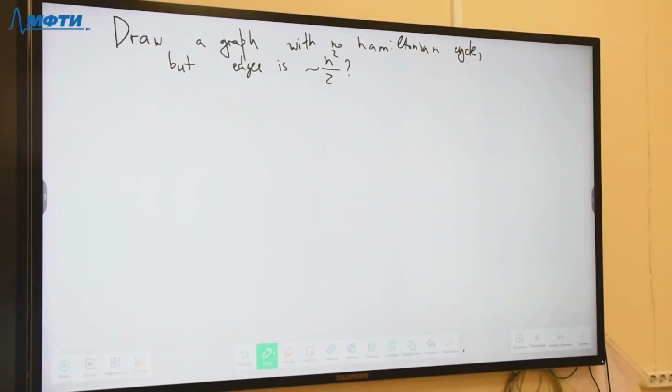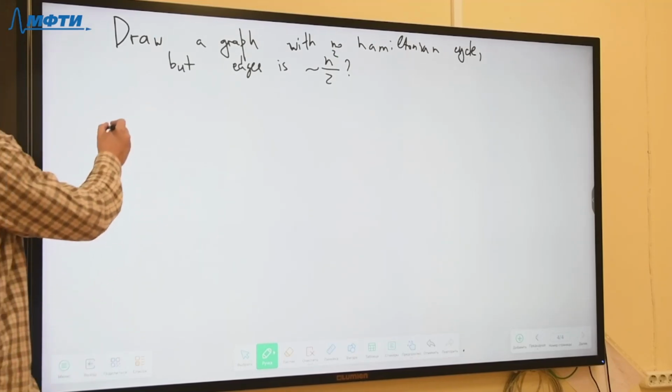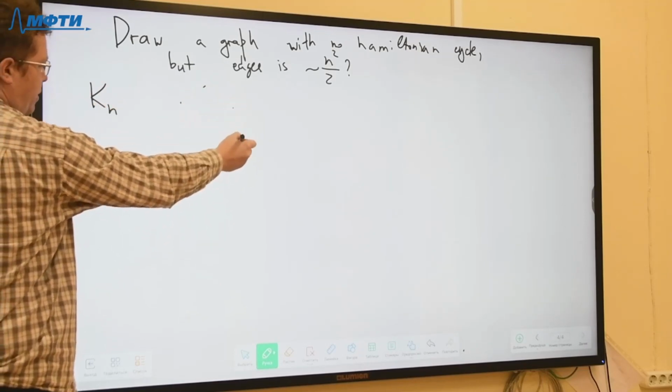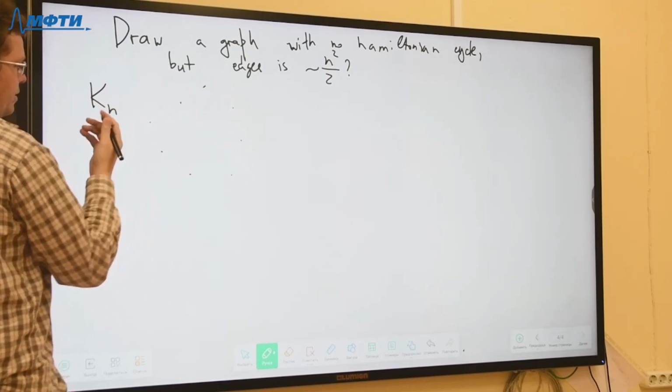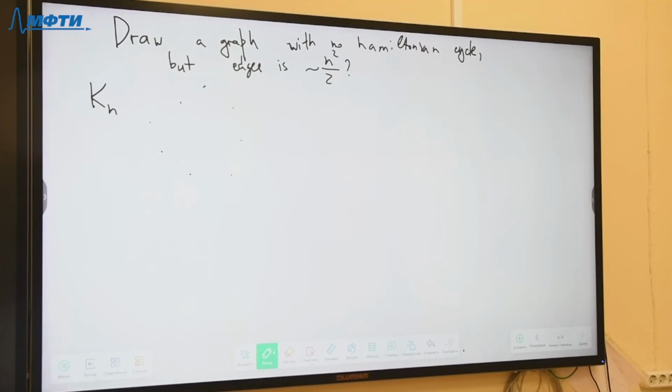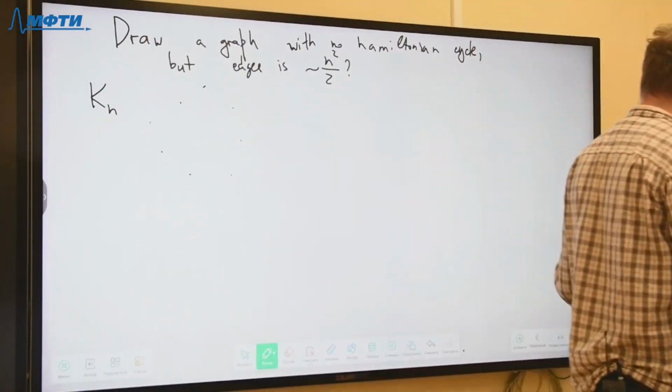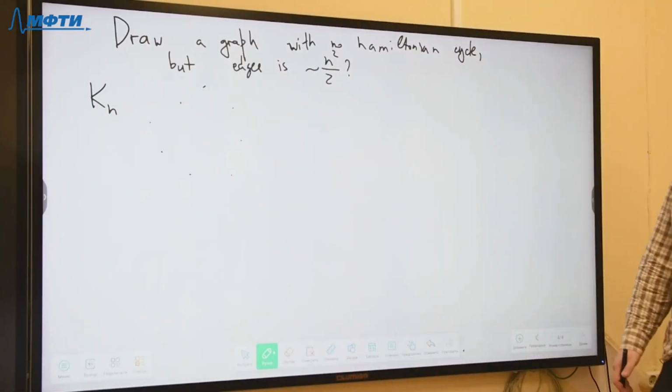So if I said something about complete graphs, then you can imagine that we have Kn, the complete graph on n vertices, and so how many edges do I need to cut off of this graph such that it will have no Hamiltonian cycle?